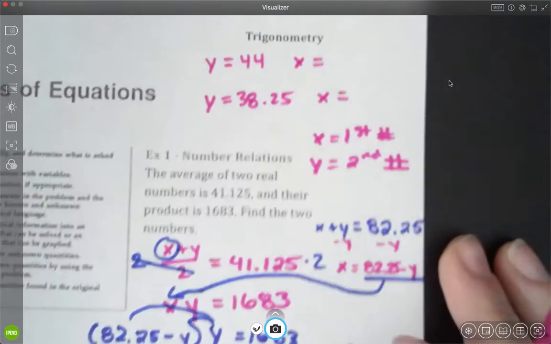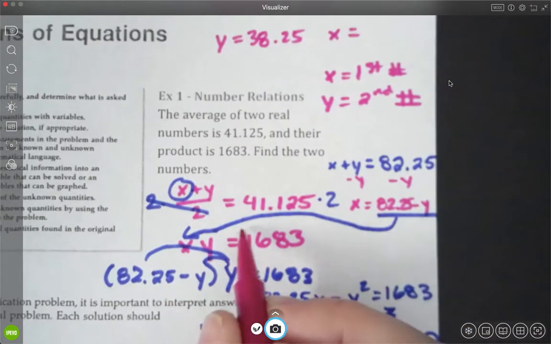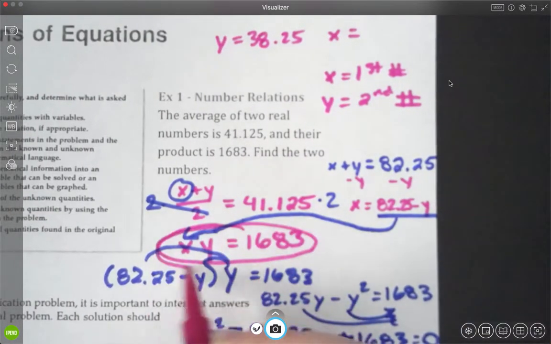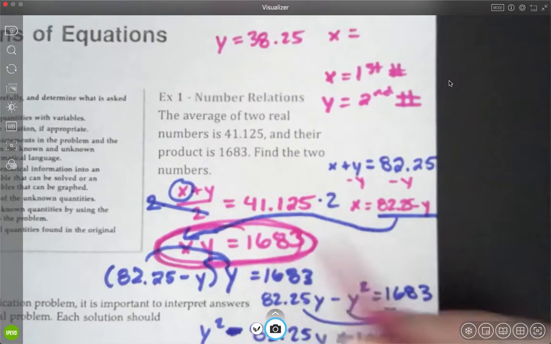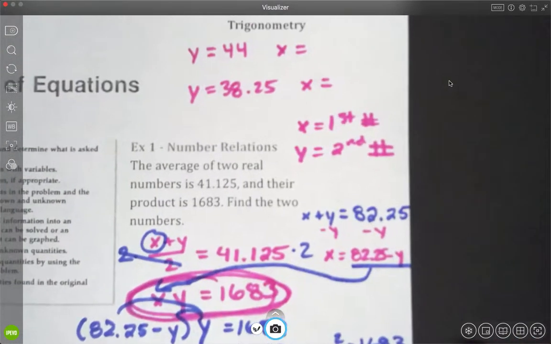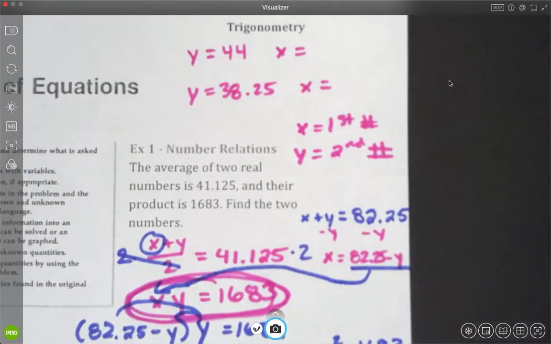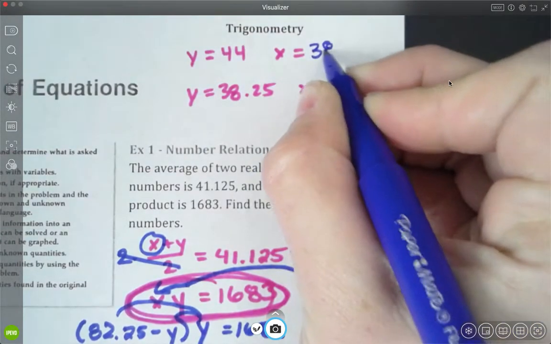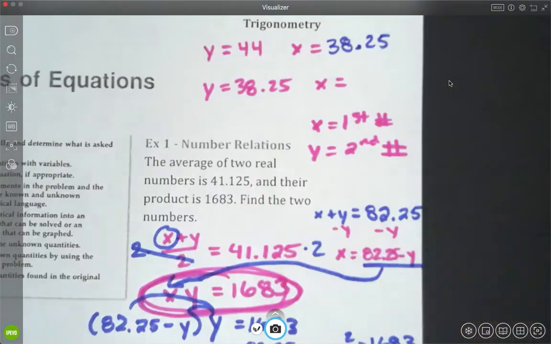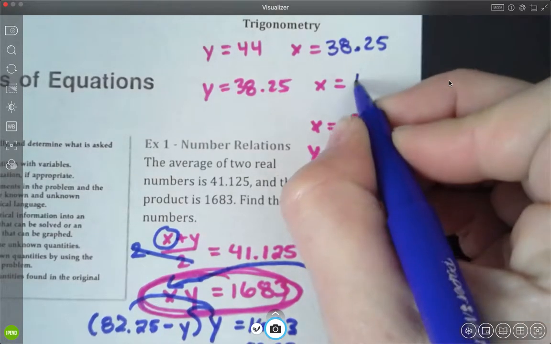Okay? So we do know that those two multiplied together have to be 1683, right? I'm going to look at this one because this is easy. 1683 divided by 44 is what? 38.25. And 1683 divided by 38.25 is 44.